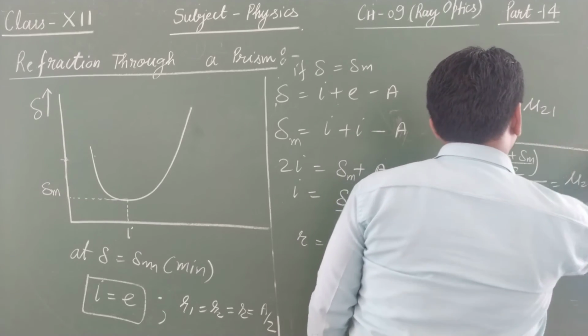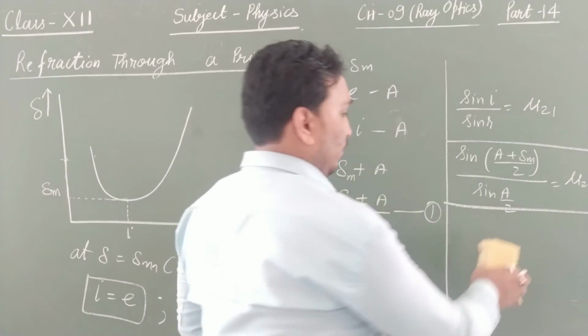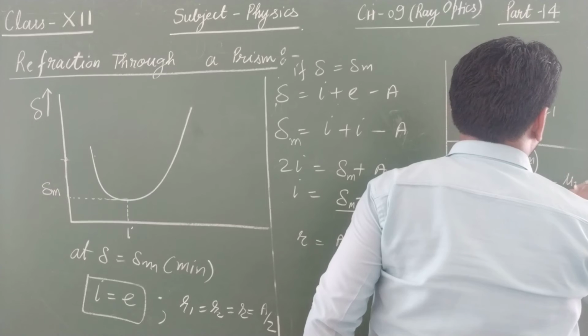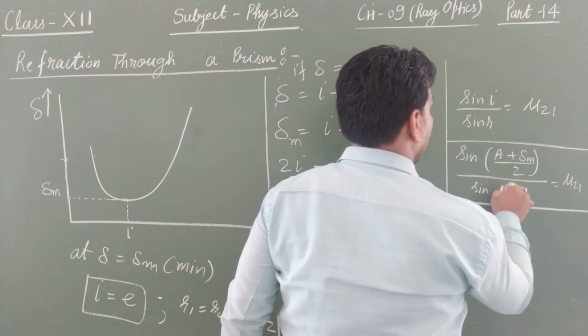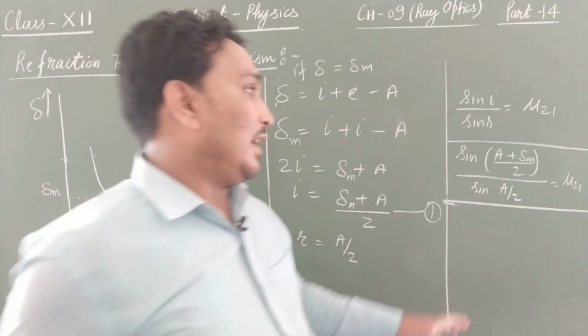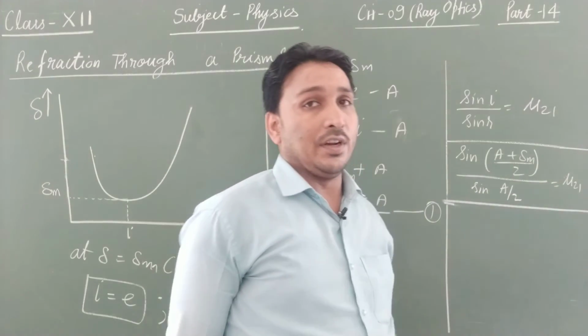Mu 2 1, and here it was written sin A by 2. So this relation relates the angle of minimum deviation, the angle of the prism, and the refractive index of the medium.